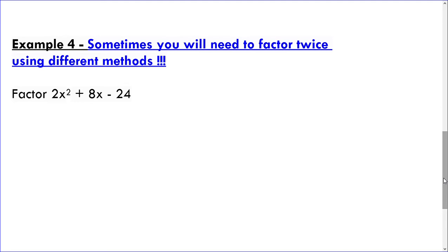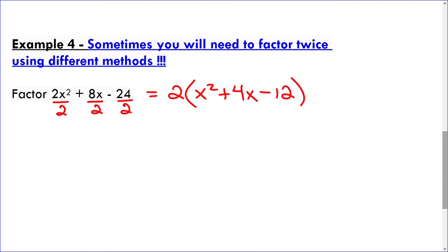From our first video on common factoring, when we look at all these terms, the thing that pops out is that there's a 2 in common in every term. So that's the first place I'm going to start. I'm going to take that 2 and common factor it out, and I'm going to get x squared plus 8 divided by 2 is 4x, and 24 divided by 2 is 12.